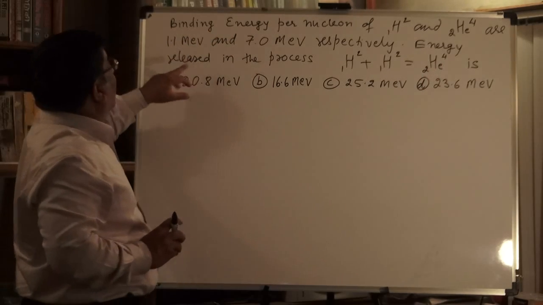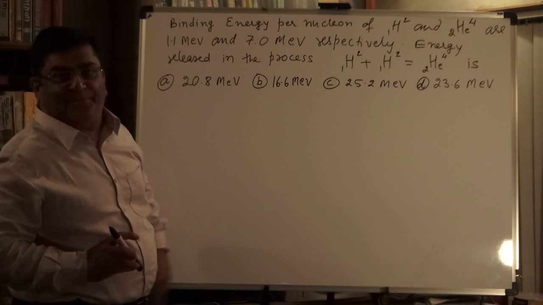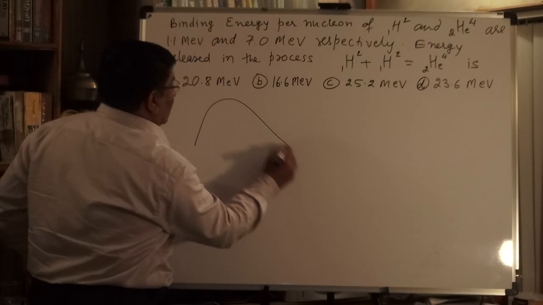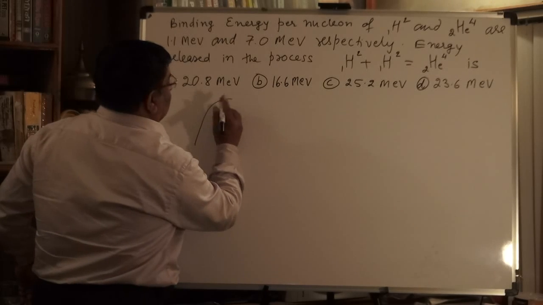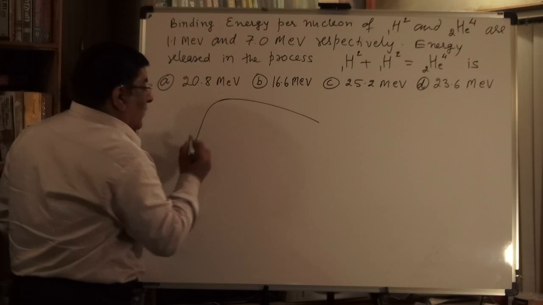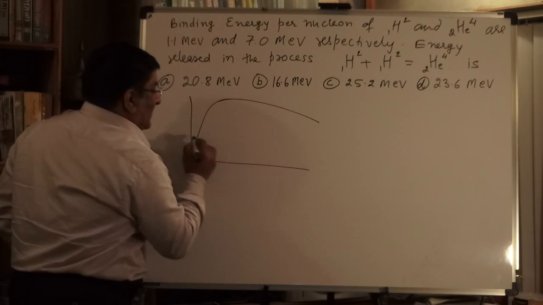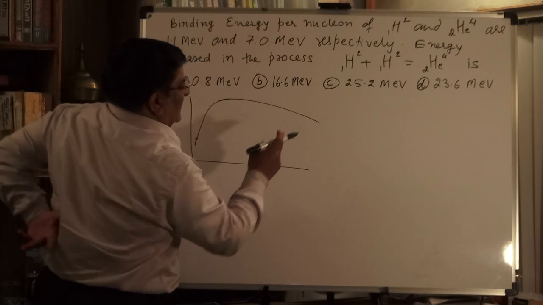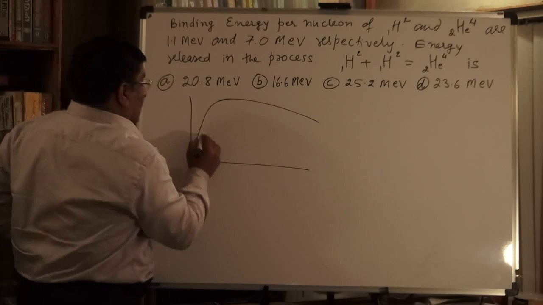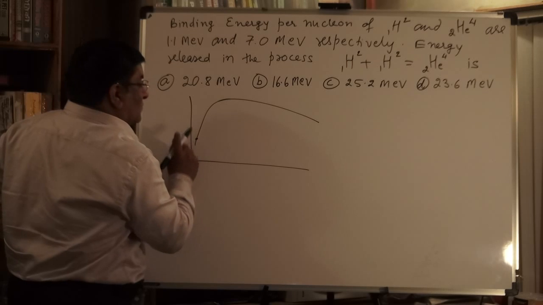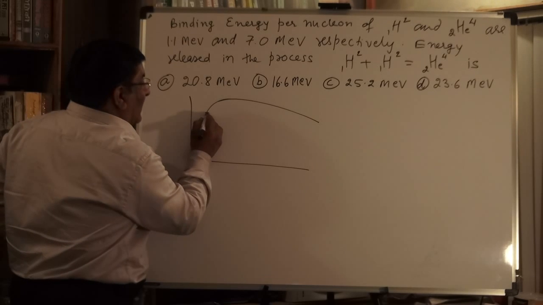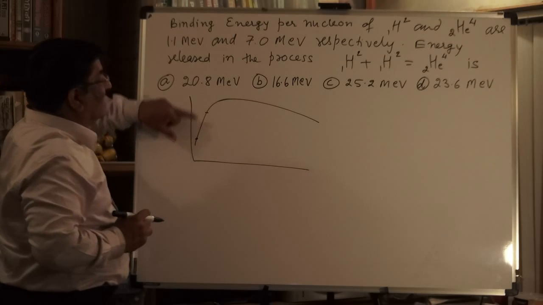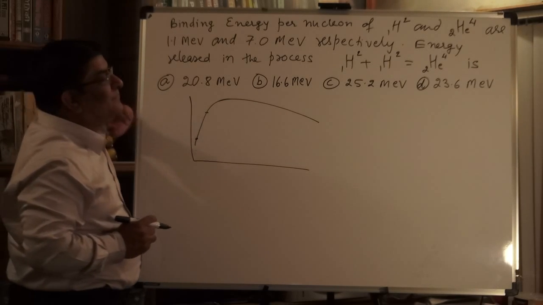Then how much energy is released? We know from our binding energy curve that whenever there is a process of combining two small nuclei to make a larger nucleus, there is a release of binding energy.